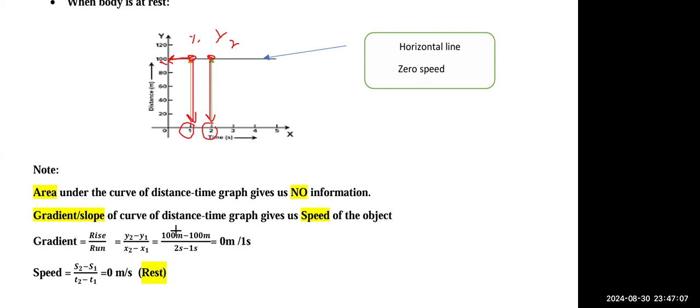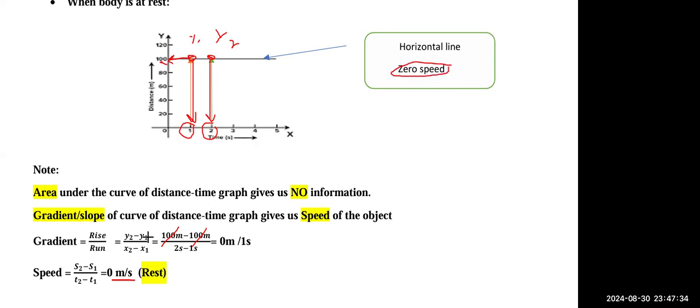It is 1 second. Then the value of x1 is 1 second. 100 meter minus 100 meter is equal to 0 meter, and 2 minus 1 is equal to 1. 0 divided by 1, you will find 0 meter per second. So it means your body is at rest, as I have already told that the speed of the object is 0.